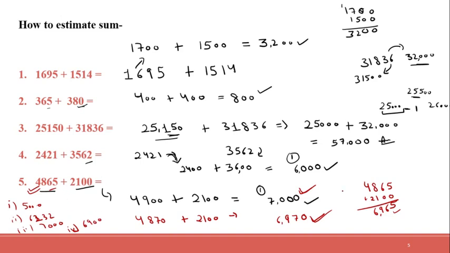So by rough estimation you get to know that this is near to 7000, and if you do it more precisely you will get that this is 6970. So by this 7000 only you can say that this is something here. The rough estimation is this. Got it? Let's move to next question.